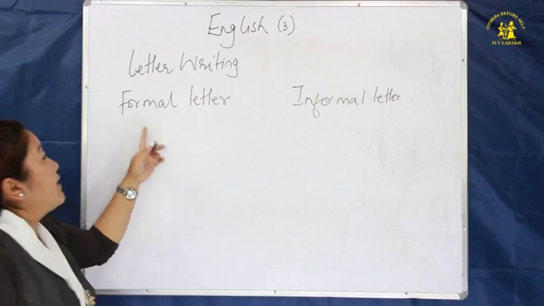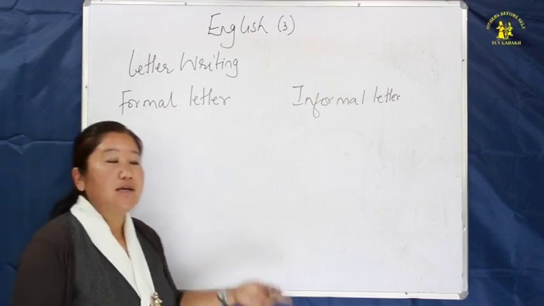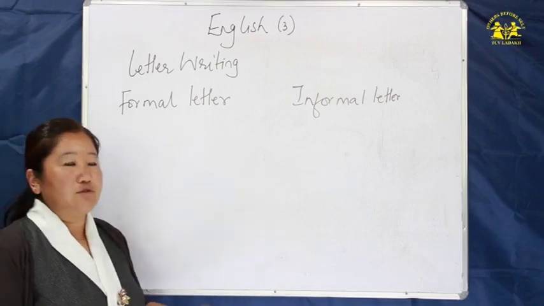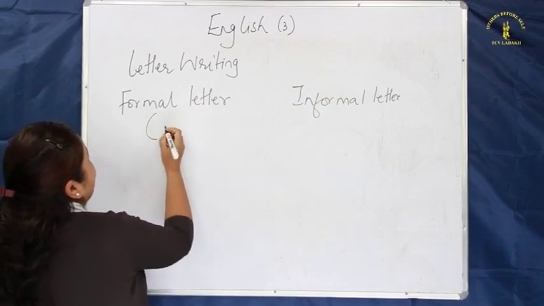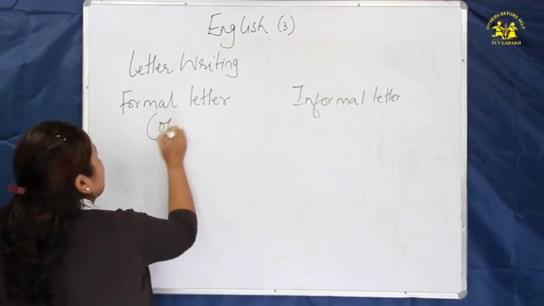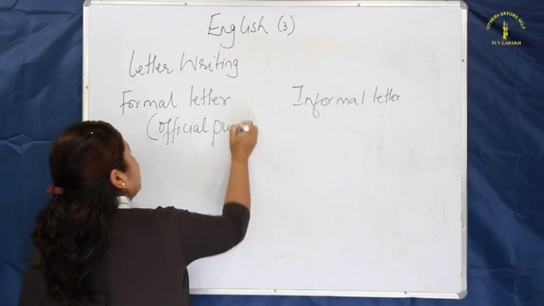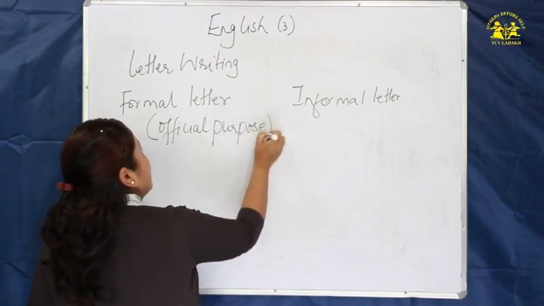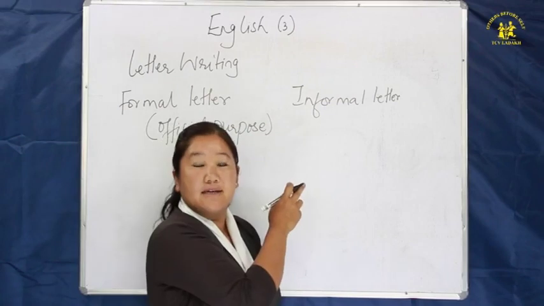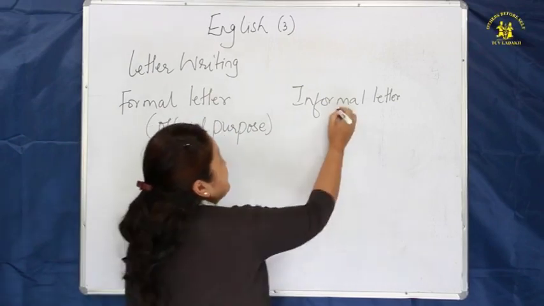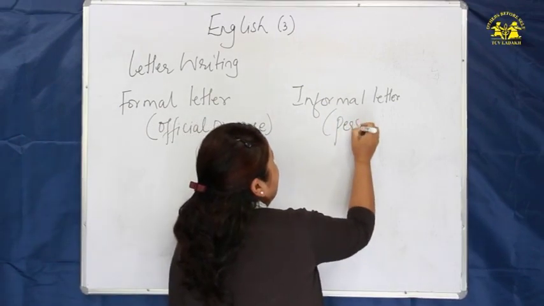So when we have to write a formal letter, that means you have to write it for official purpose. And this particular letter, the informal letter, is very much personal.